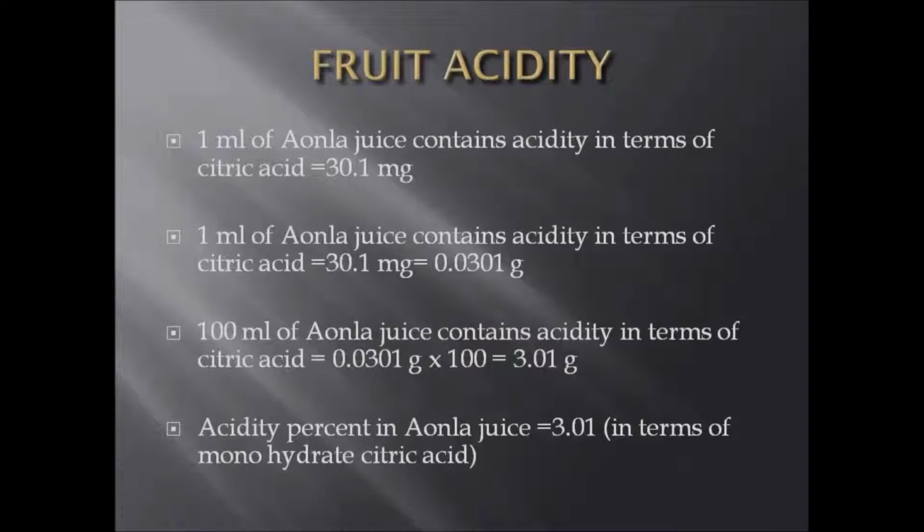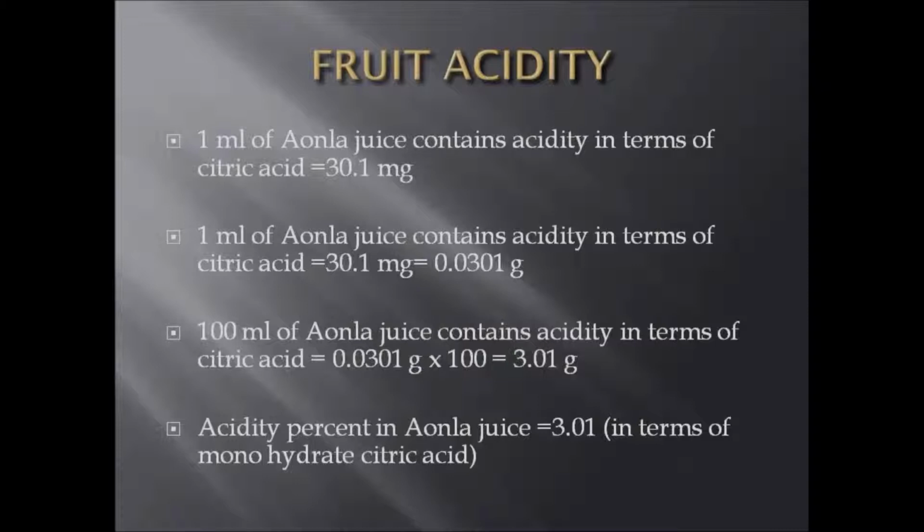Now we will calculate for 100 ml, grams per 100 ml. How many grams of citric acid are there in 100 ml of amla juice? Therefore, 100 ml of amla juice contains acidity in terms of citric acid equal to 0.0301 grams into 100. That is equal to 3.01 grams. Therefore, acidity percent in amla juice is equal to 3.01 in terms of monohydrate citric acid.